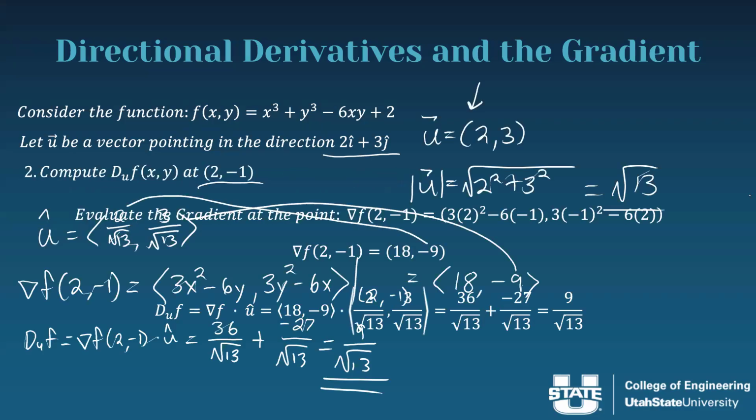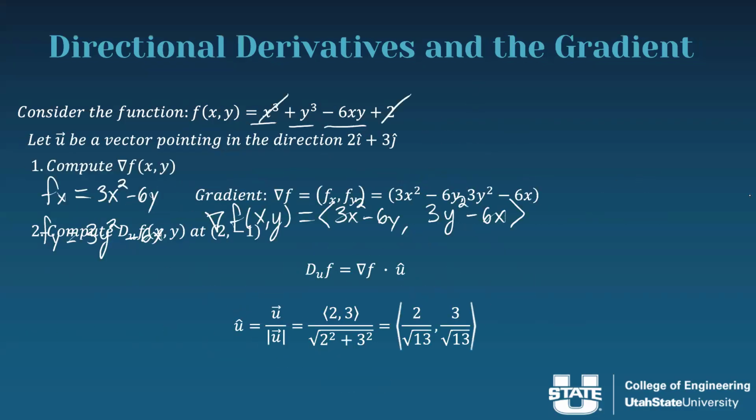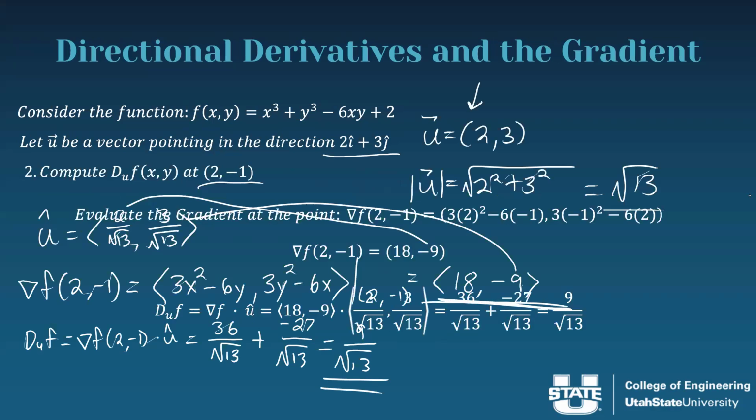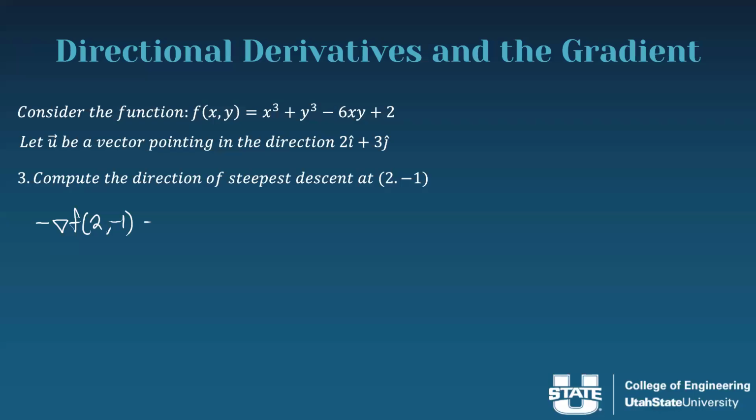And since on the previous slide we found that our gradient at that point was 18, minus 9, that means minus 18, 9 is the direction of steepest descent. Now, if we wanted to normalize that and turn it into a unit vector, we could, but since all it's asking for is the direction of steepest descent, that's fine.